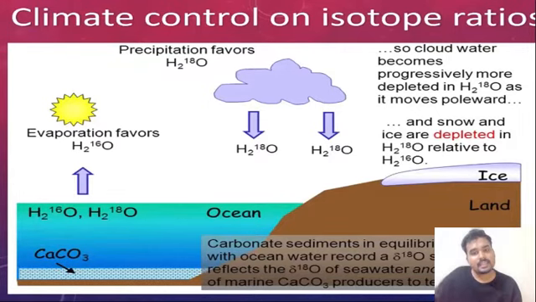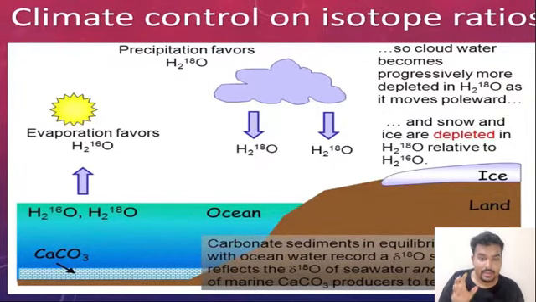So whatever is evaporated from the ocean will rise to some altitude, and over there condensation will occur. Now suppose from the ocean, out of 100, say 90 molecules of O16 are evaporated and 10 molecules of O18 are there. Okay, now during condensation these 10 molecules will condense first.